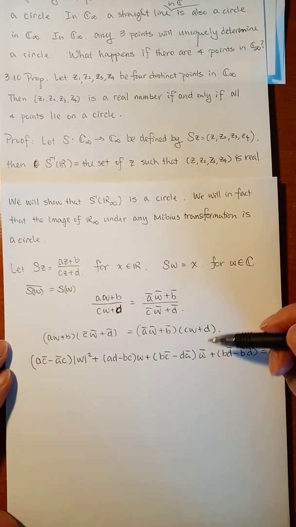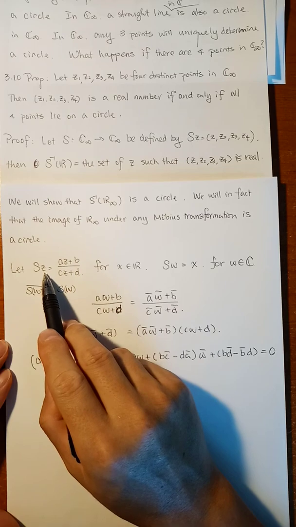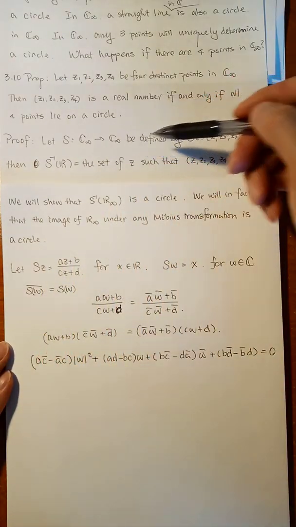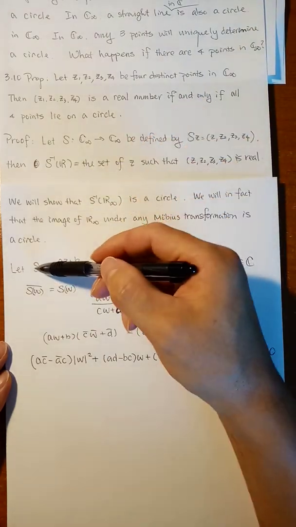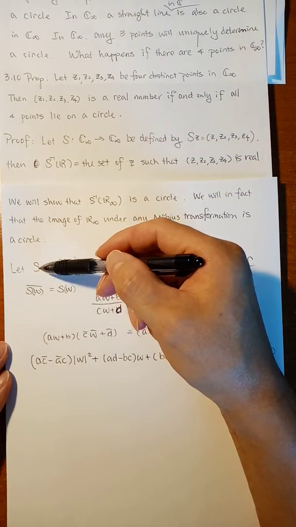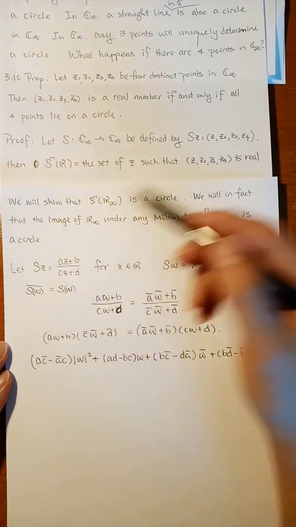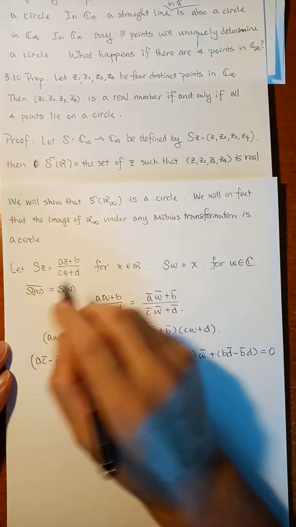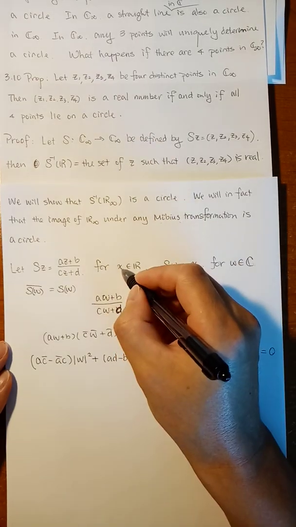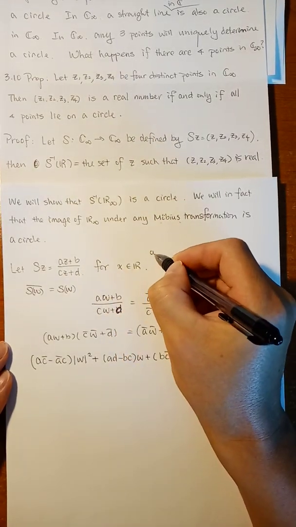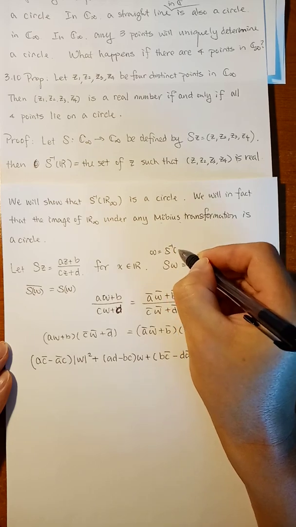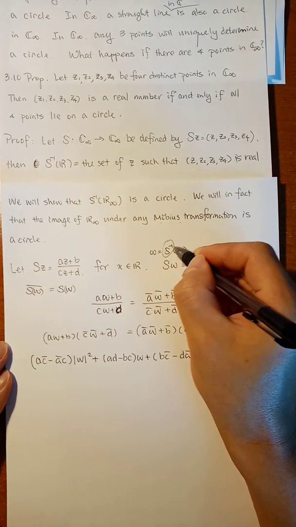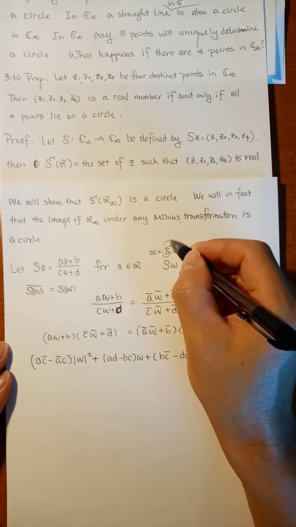You see here, this S of Z, we didn't use a new name for the Mobius transformation. We just used the same name. So this is still a Mobius transformation, but it is not the earlier one. X is a real number, so we let W be S inverse of X. So under an arbitrary Mobius transformation, we mean under this S inverse.